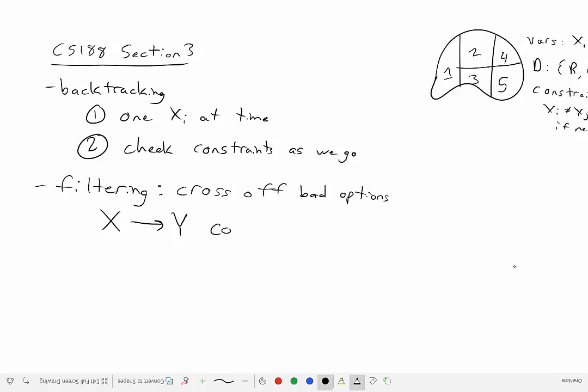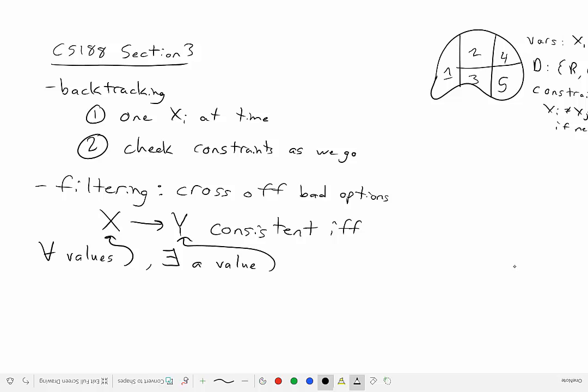We say this is consistent if and only if for all values that x can take on, there exists a value for y that doesn't violate the constraints.